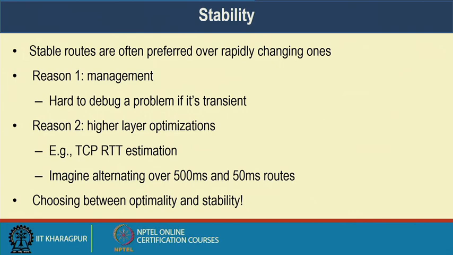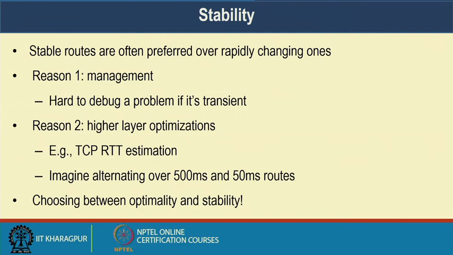So, the more I look for stability, the less I get optimality. If I want the optimal solution, I may need to be more dynamic. In other words, we are basically fighting between stability and optimality. Ideally, if nothing is changing, say for hours together, it is more stable, but you may not get an optimal result.